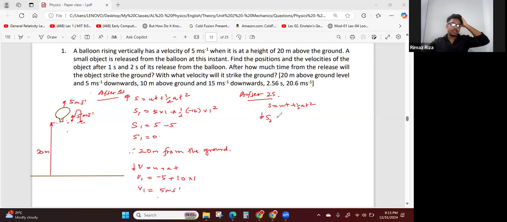So I take downward as positive: s2 equals minus 5 because it's vertically upward, into 2, plus half into 10 into 2 squared, which is 4. So S2 equals minus 10 plus 20.